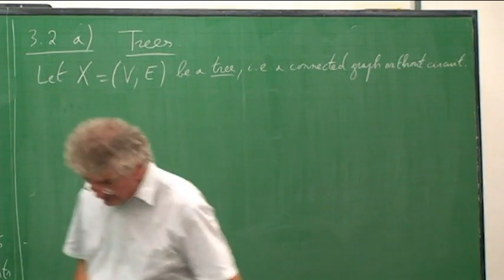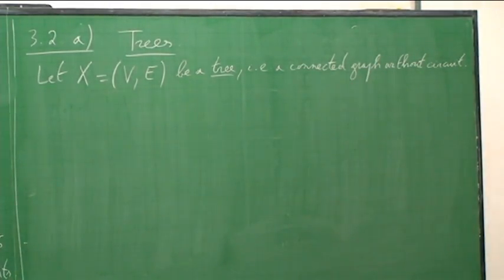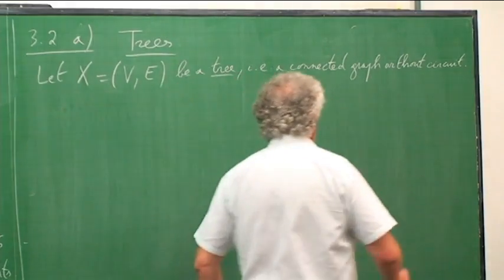A graph which is both connected and simply connected. And of course the interesting case will be infinite trees, where to have a fairly large homomorphism.